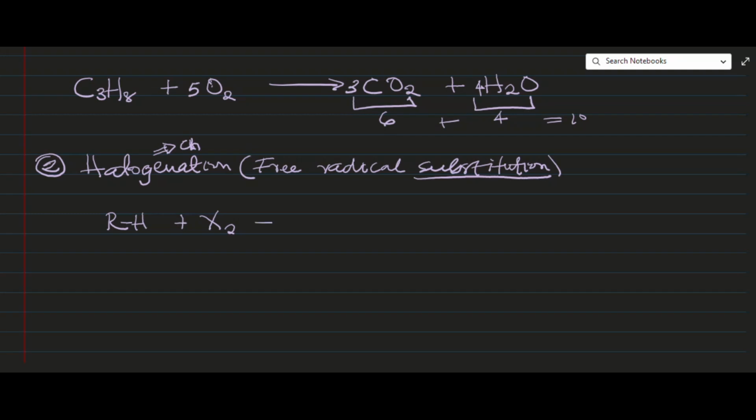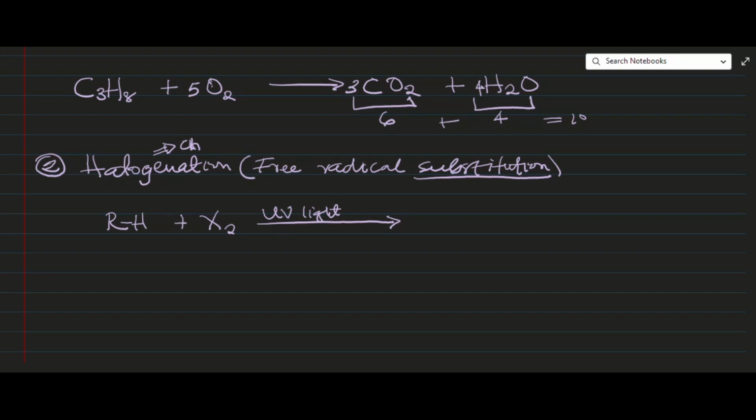Okay, so let's go. So we have this. This reaction is catalyzed. It happens in the presence of UV light. You have to mention it. So this one occurs in the presence of a UV light.